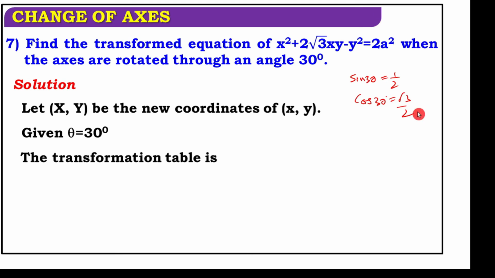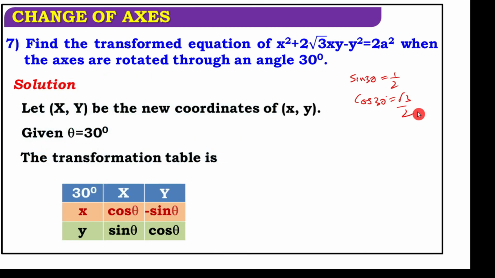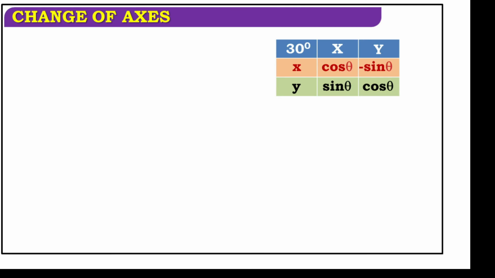The transformation table is here. We find x values by using the transformation table and substitute in the given equation. So theta is 30. From this transformation table we can write the values of small x and small y in terms of capital X and capital Y. So x equals X cos theta minus Y sin theta. Theta is 30, cos 30 is root 3 by 2, sin 30 is 1 by 2.